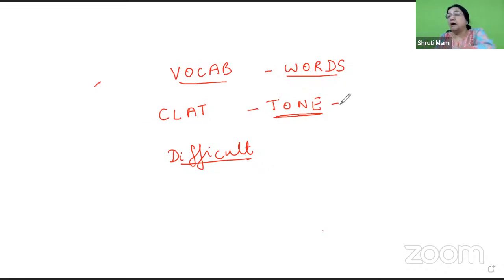So probably in this class we are going to cover almost all words that are centric around the tone words. Now, first of all, what's a tone word itself?